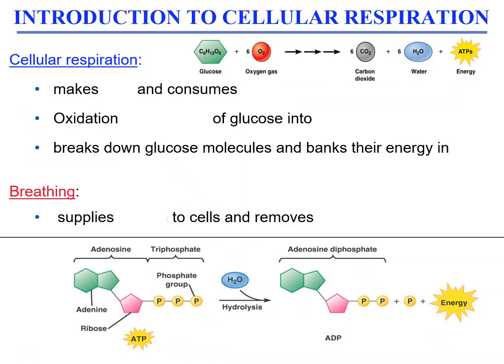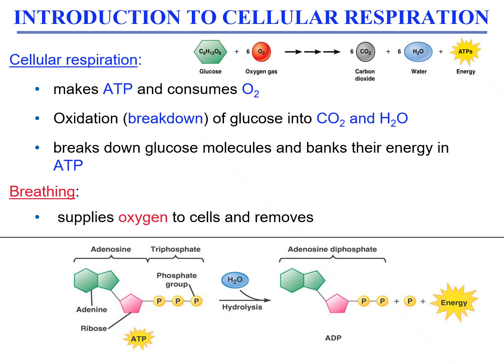Okay, so let's look at what cellular respiration is. Cellular respiration makes ATP and consumes oxygen. Most ATP is made when more oxygen is available. Oxidation is the breakdown of glucose into carbon dioxide and H2O, which is water, and cellular respiration breaks down glucose molecules and banks their energy in ATP.